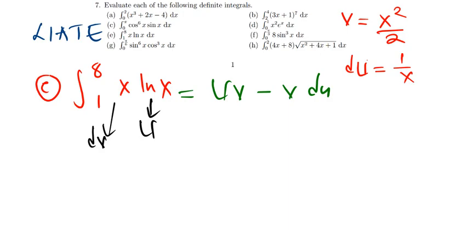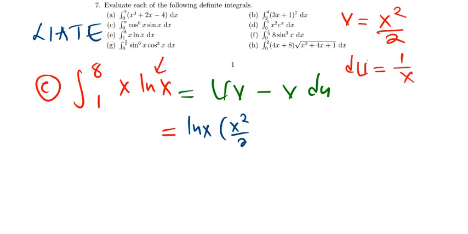So we can now substitute. What is our u? Our u is this natural log of x. Our v is x squared over 2, and then minus the integral of v du.